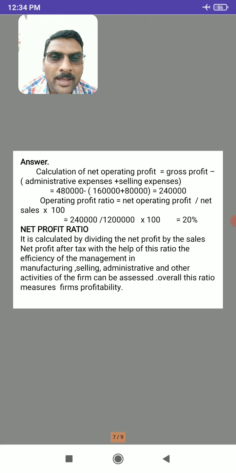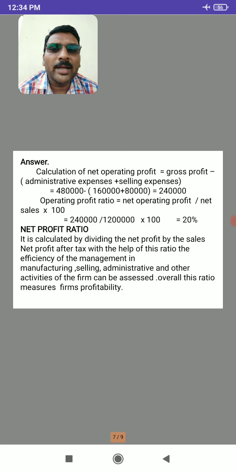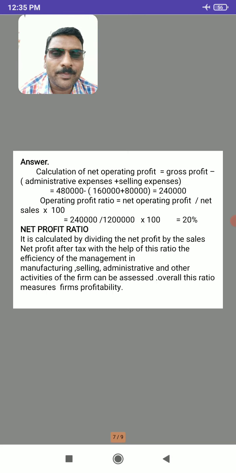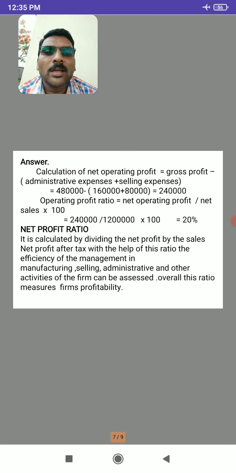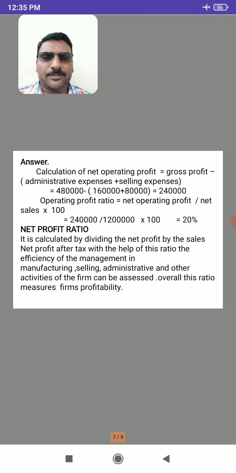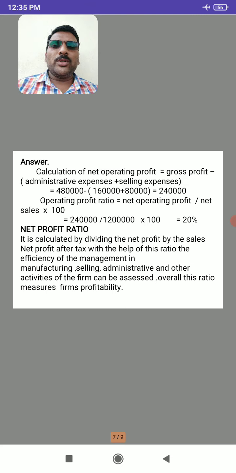If the firm maintains more than 10%, automatically the firm's efficiency is more. In this problem, we are getting 20%. The net operating profit ratio is 20%. It shows that the firm has high efficiency to earn profit.